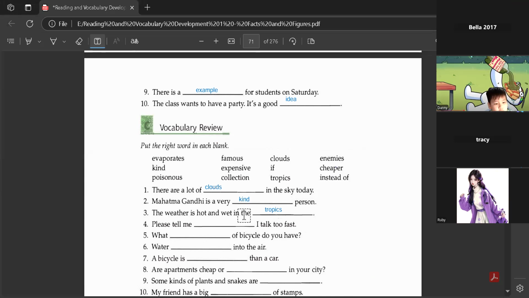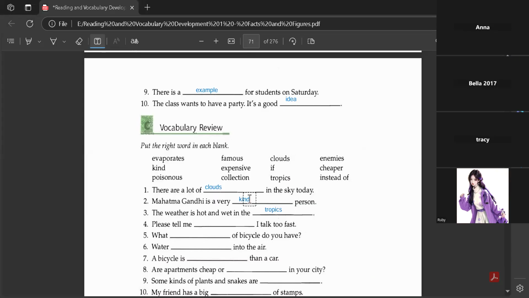Okay. Number four, please tell me if I talk too fast. Danny. Yeah. Why, Mahatma Gandhi is, I think, very famous. Yes, I think it's famous too.